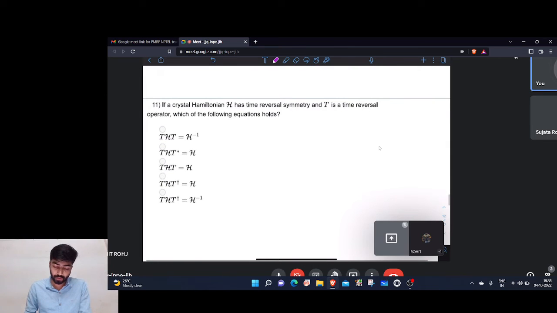Now this T, which was the antilinear operator in this earlier question, is actually the time reversal operator in quantum mechanics which you deal with.